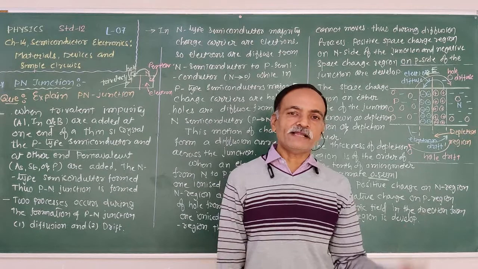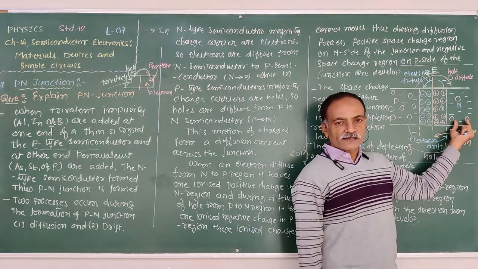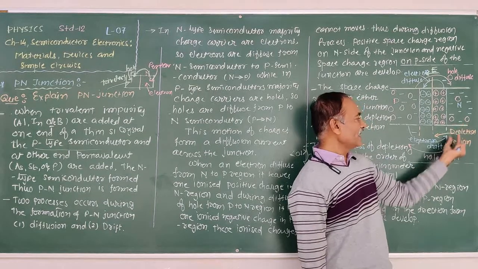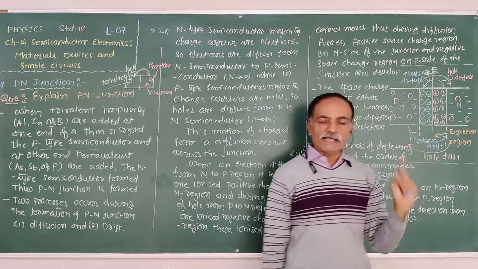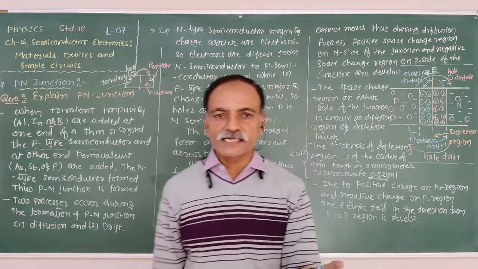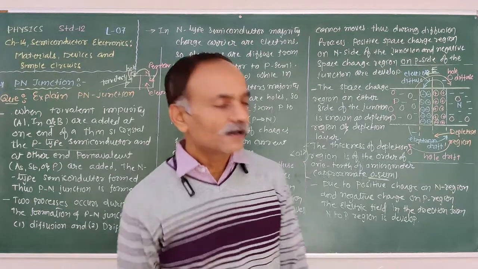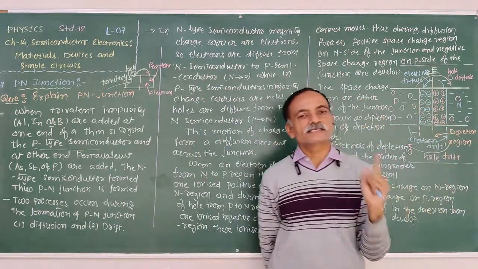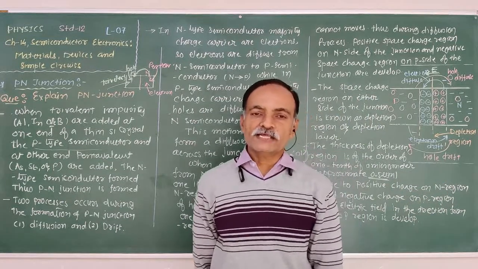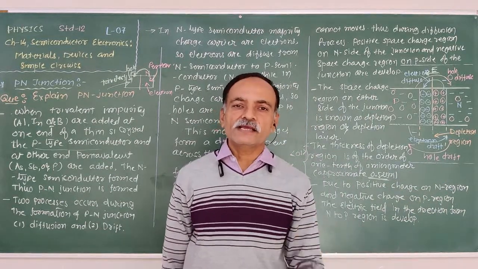In the same manner, the minority charge carriers, the holes in the n region, also drift from n to p region. Now keep in mind that drift of these charges only takes place due to the electric field established in the region. While for diffusion, no field is required. For drift, the field is required.